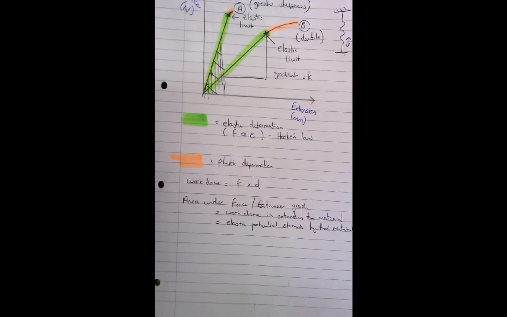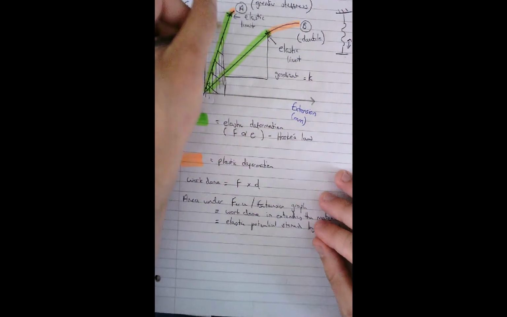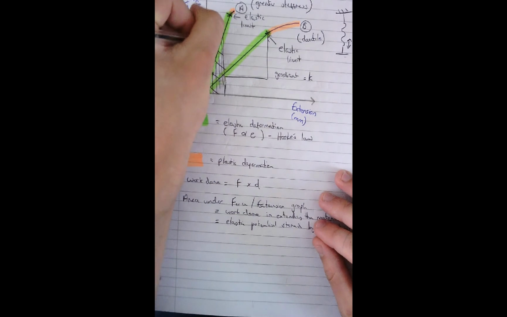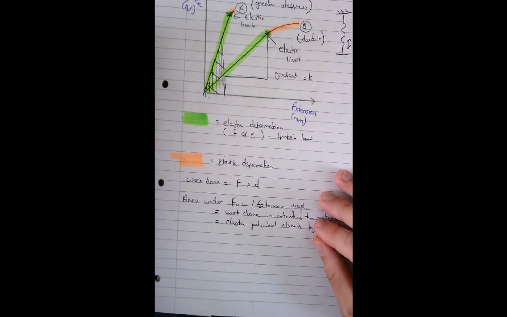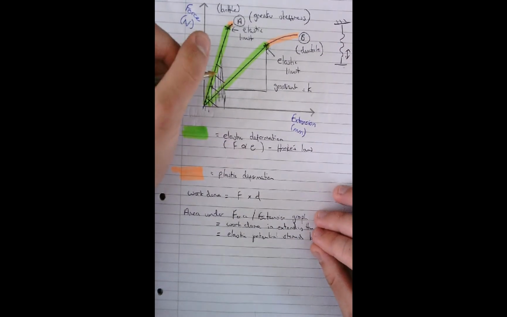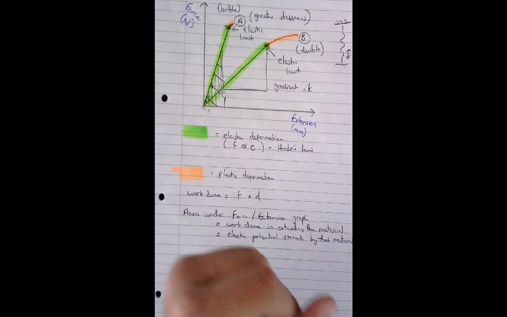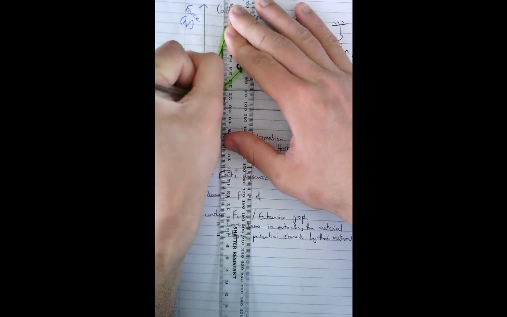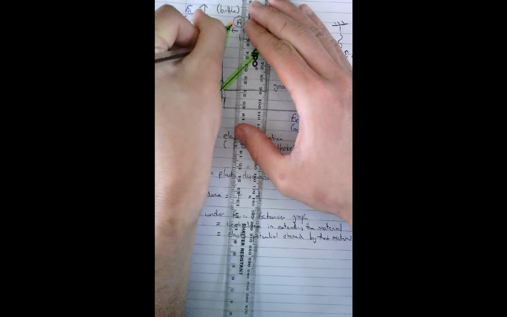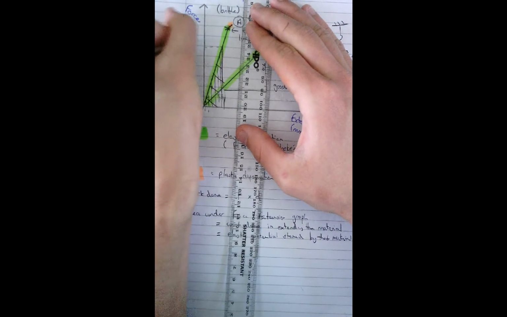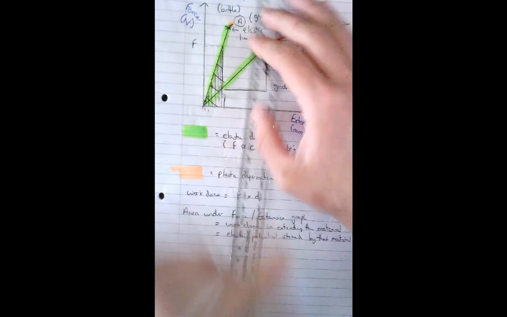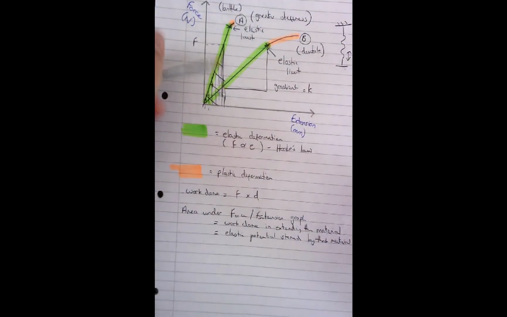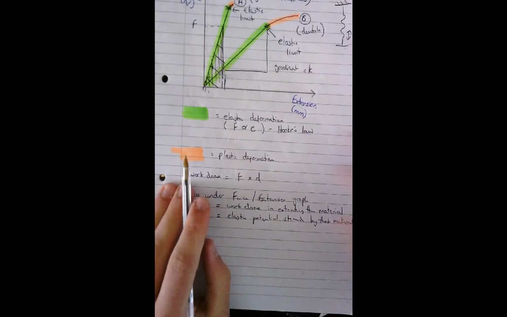So if we do that, then we can see that up to the point where that material obeys Hooke's law, the area under the graph up to a general point where the force on it is F is just going to be the area of a right angled triangle.